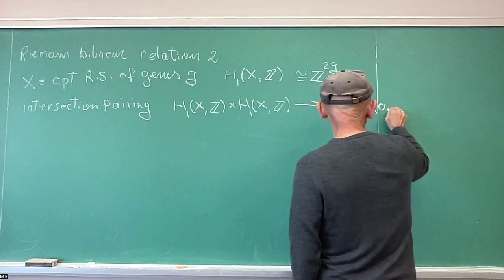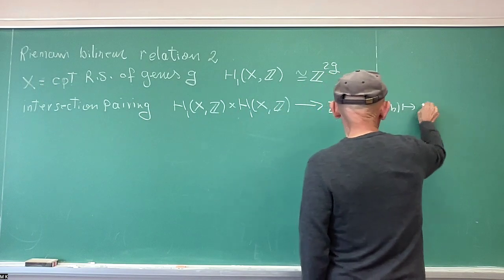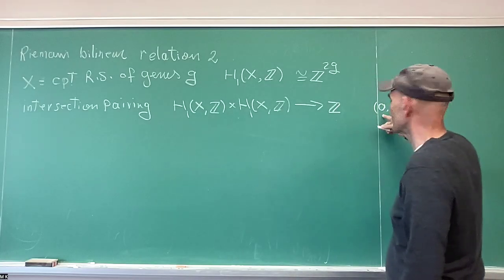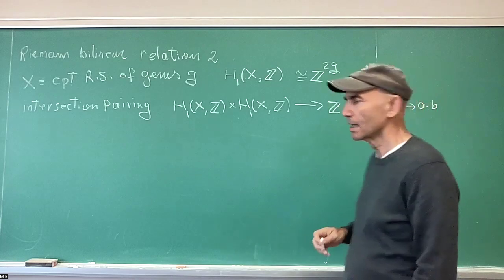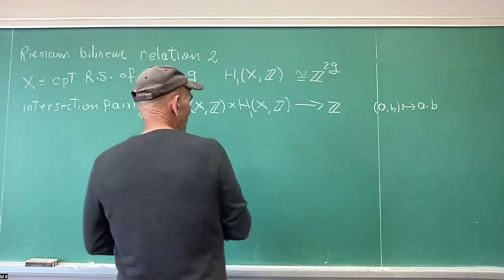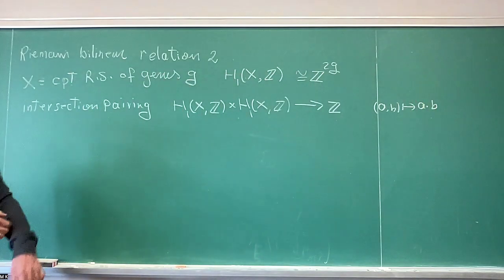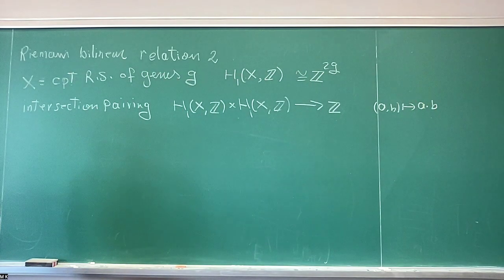The pair A and B is mapped to A dot B, but some books just use this as the pairing between the two. And basically, intuitively, this, you remember, is the number of intersection points of these two cycles counting with signs.